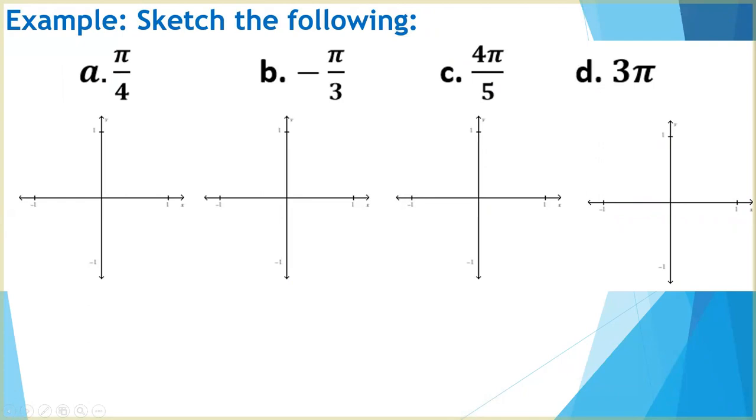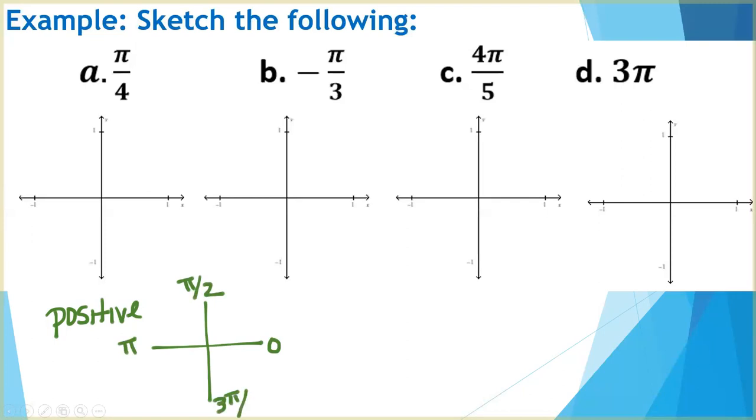If it's a positive angle, we go counterclockwise, and it's 0, pi over 2, pi, 3 pi over 2, and 2 pi. That's our positive.